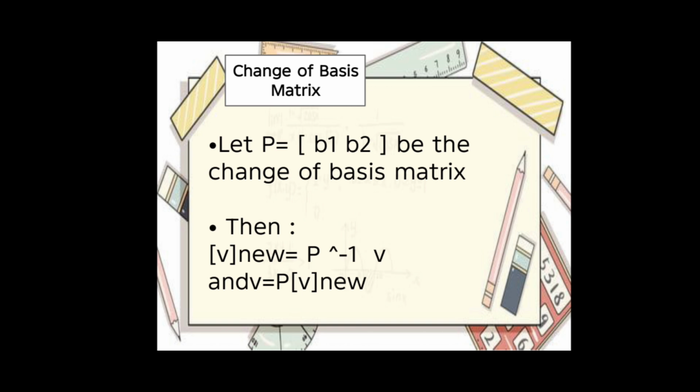Change of basis matrix. Let P is equal to basis 1 times basis 2 be the change of basis matrix. Then, the new vector is equal to the inverse of the transition matrix times the vector, and the vector is the transition matrix times the new vector.